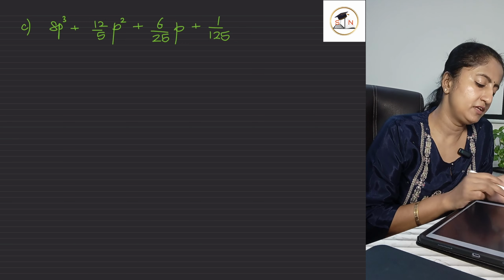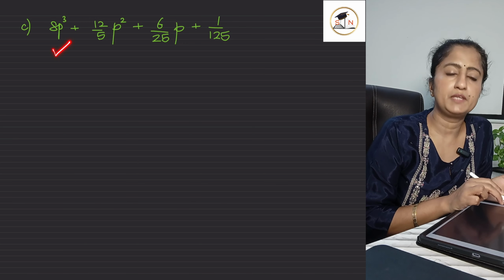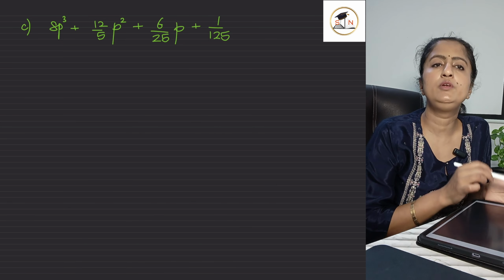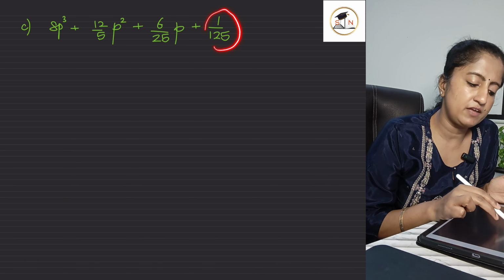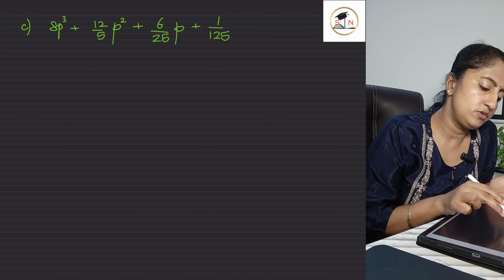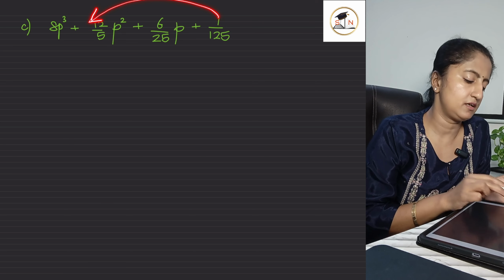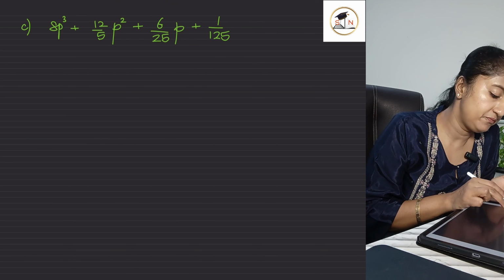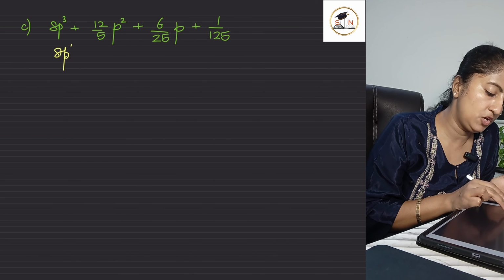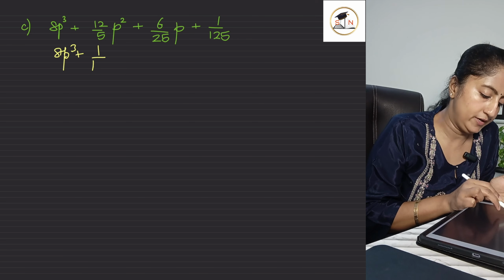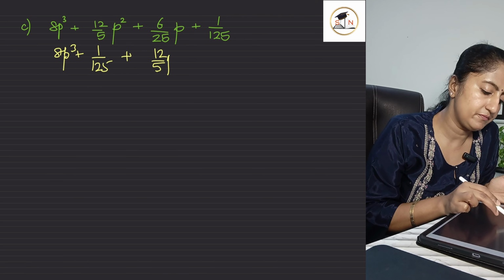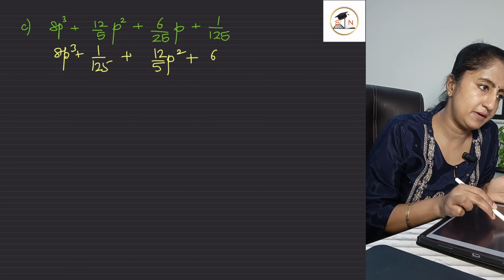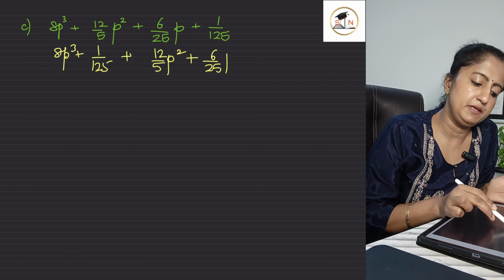So what do we have? This is a perfect cube, yes. But over here, you need to do a bit of shuffling because 1 by 125 is a perfect cube. So you need to bring this over here, right? So let's do that. We will write as 8p cube plus 1 by 125 plus 12 by 5p square plus 6 by 25p.